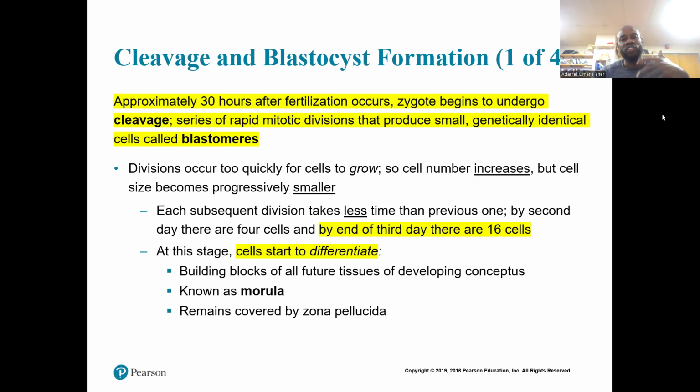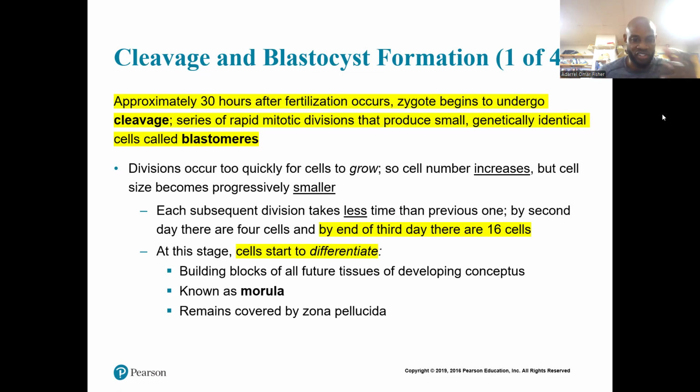So a series of rapid mitotic divisions that produce small, genetically identical blastomeres. So we're just taking one cell that has all the chromosomes and making it two cells. Each cell has all the chromosomes, making it four cells. All four cells have all the sets of chromosomes.